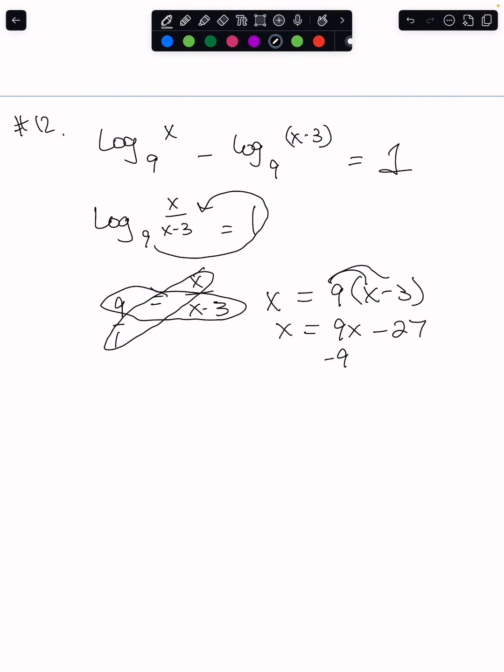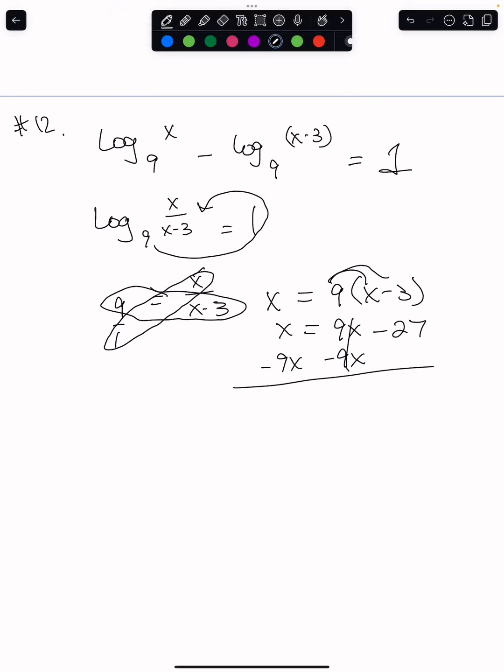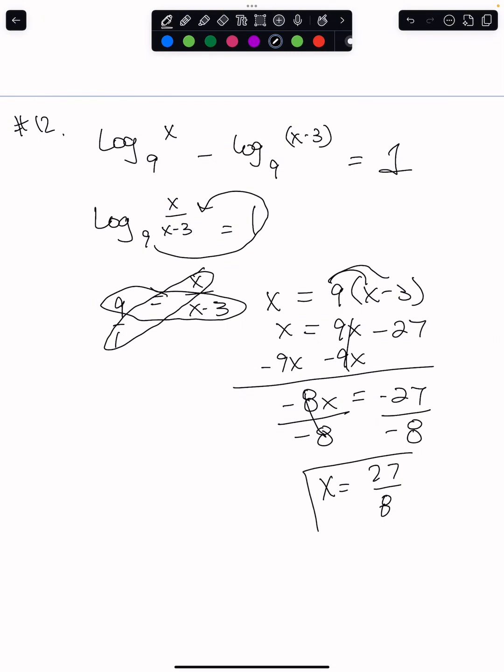I'm going to subtract 9x from both sides. And then x minus 9x is negative 8x equals negative 27. Divide both sides by negative 8. And x is equal to positive 27 over 8, because those negatives cancel each other out.